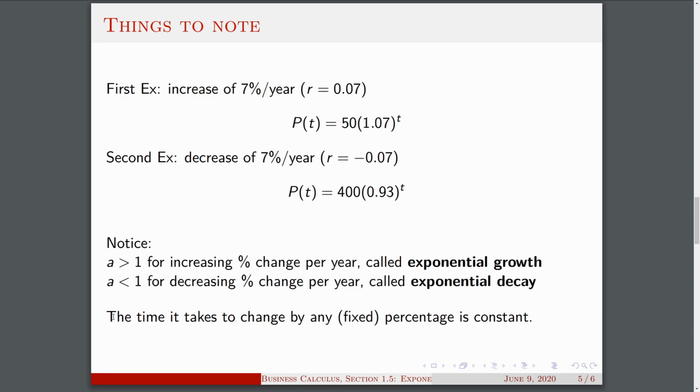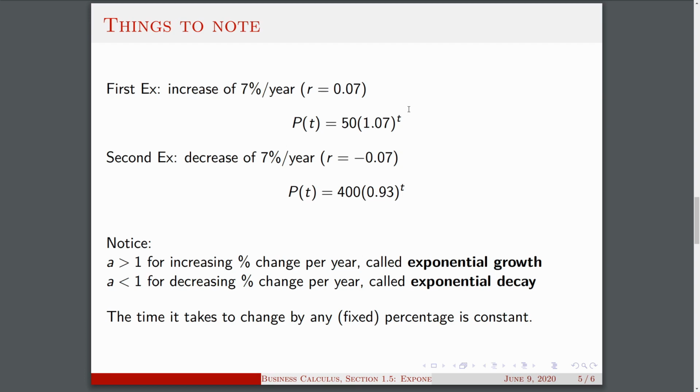Okay. And another thing to note is that the time it takes to change by any fixed percentage is constant. So these functions were increasing at a rate of 7% per year or decreasing at 7% per year. But we could also consider how long it would take this function to, say, double. And that would be called the doubling time.